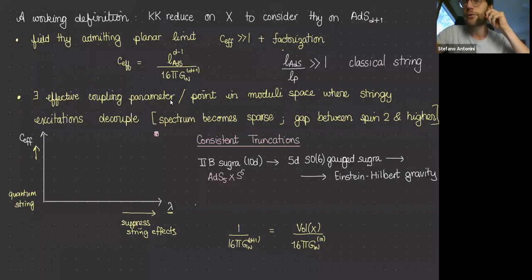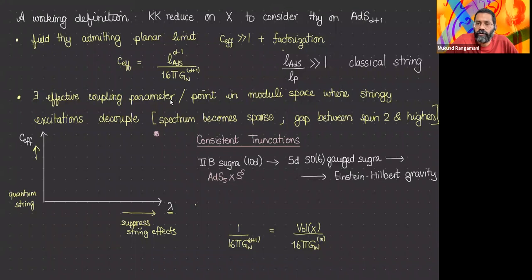But in general, if you don't take both limits, you take only one or neither of the two, then you should have a generic, complete correspondence between each one of those and the specific string theory. Correct. Okay. Correct. So once I tell you the dictionary between what I'm doing with Einstein-Hilbert gravity and fields and operators, I will tell you what sector of all those theories the truncation to Einstein-Hilbert gravity covers.